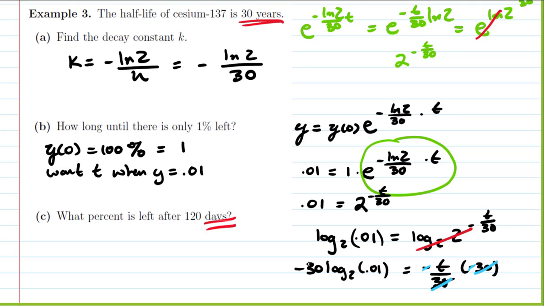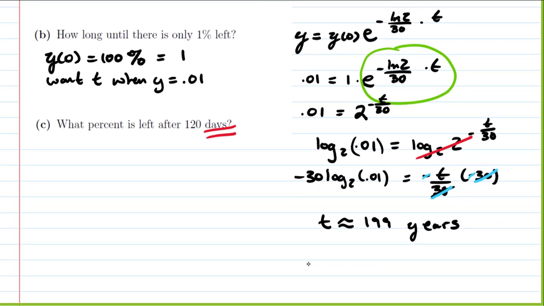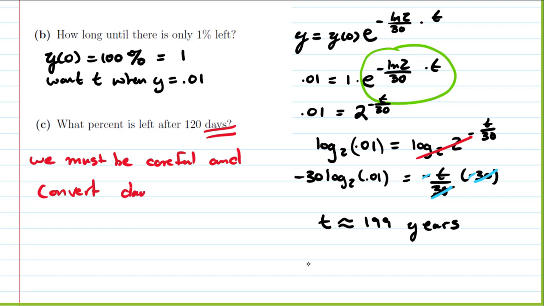Because if we put 120 in, it's going to tell us how much is left after 120 years, not how much is left after 120 days. So we must be careful and convert days to years.